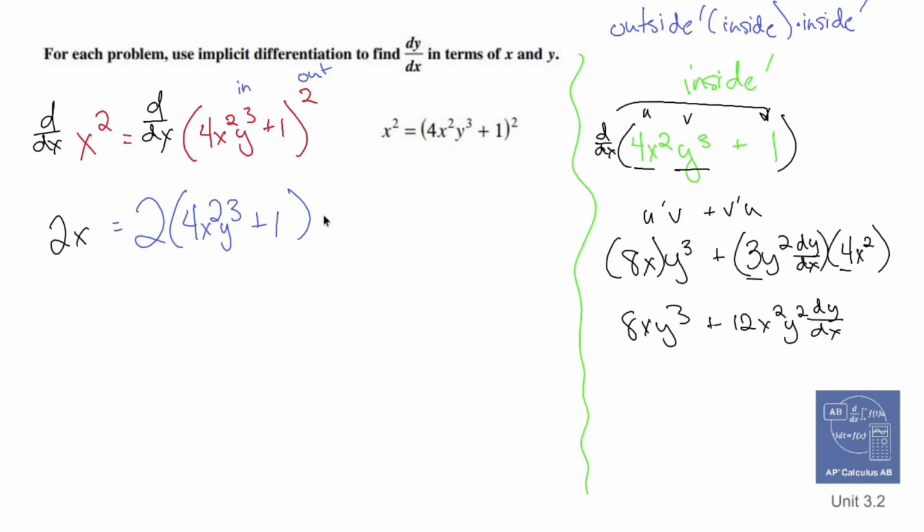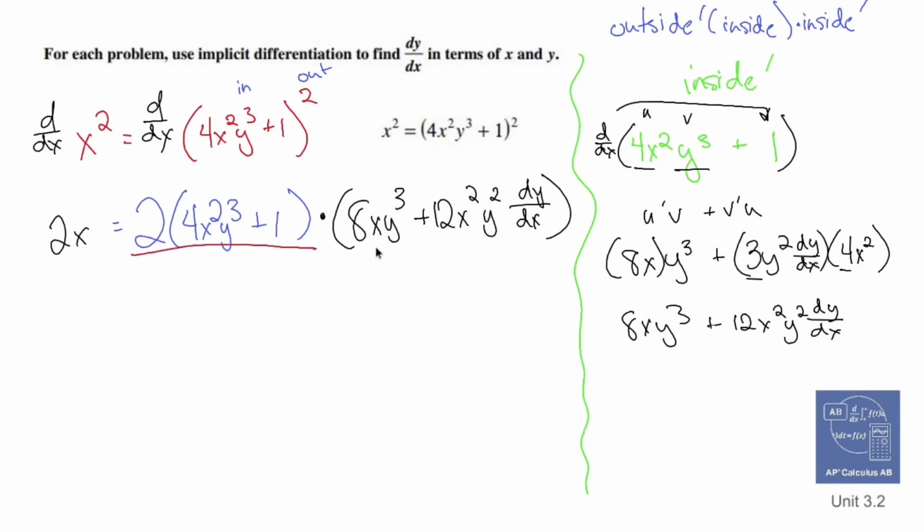So we're going to multiply everything to the derivative of the inside, which was 8xy cubed plus 12x squared y squared dy dx. I guess what we can do is, since I have this whole guy divided or multiplied to that whole guy, and my job is to get dy dx all by itself, let's completely eliminate the blue guy.